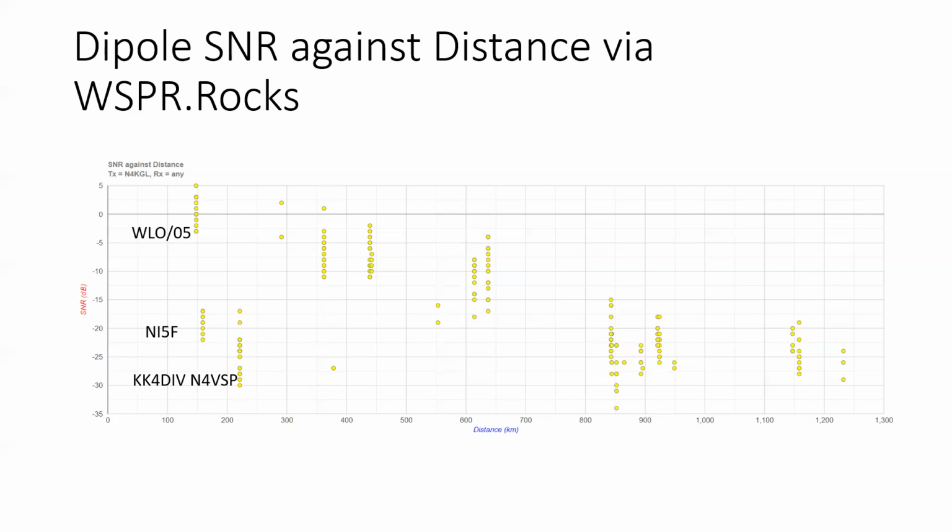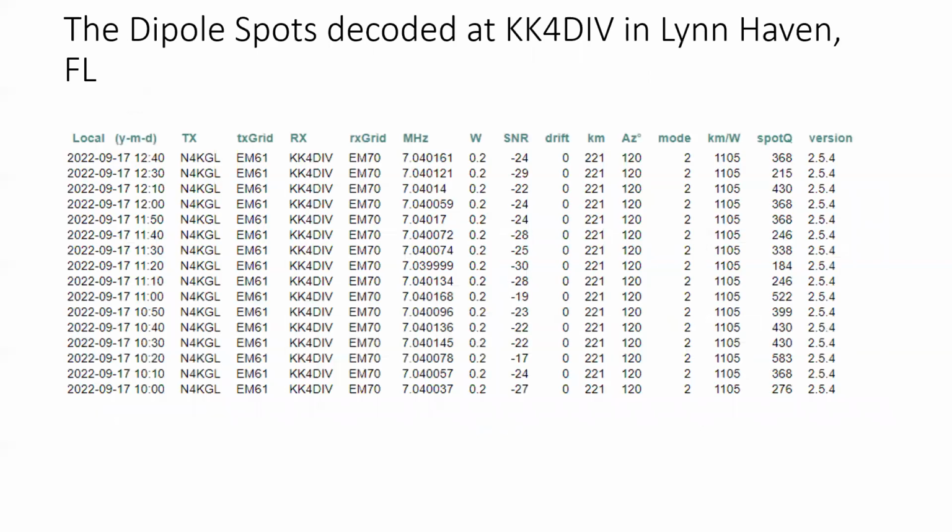Now I'm going to mention later that QRP on 40 meters that afternoon was tough. We'll get to that in a minute. Well, I could filter for KK4DIV, and these were the actual spots that Bob got. This is in local time, so he got it from 10 o'clock to 12:40.